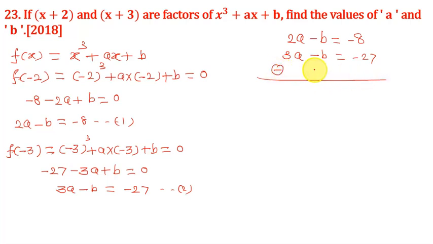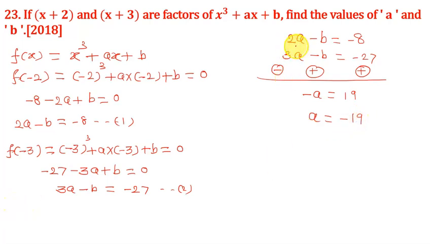This is minus, plus, and again here plus. Okay. 2a minus 3a will be minus a. And next is plus 27 and the minus 8, 19. Hence a is equal to minus 19.